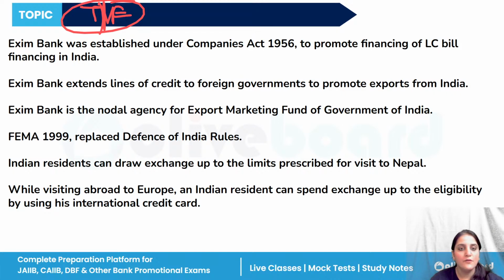First one is Exim Bank was established under Companies Act 1956 to promote financing of LC bills financing in India. True or false? Tell me fast. Is this statement true or false?